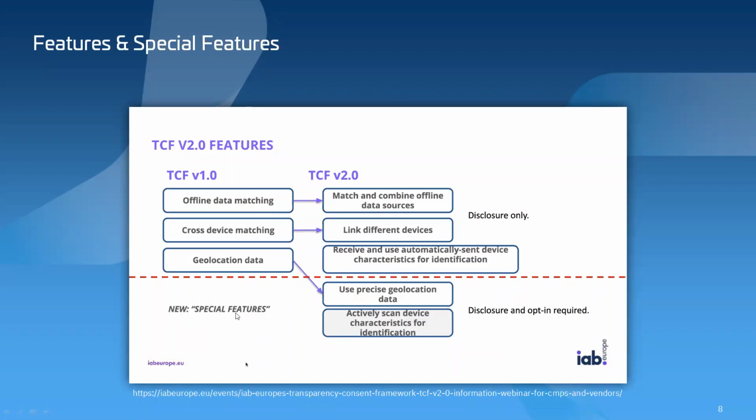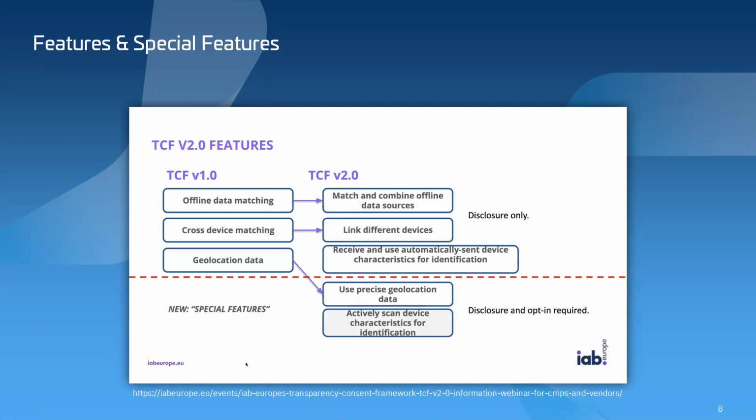Then we have the special features. As said, these require extra consent because they are too special in this sense. So precise geolocation, for example. Precise in this case means I think 500 meters. So really precise. It means data usually from GPS devices.